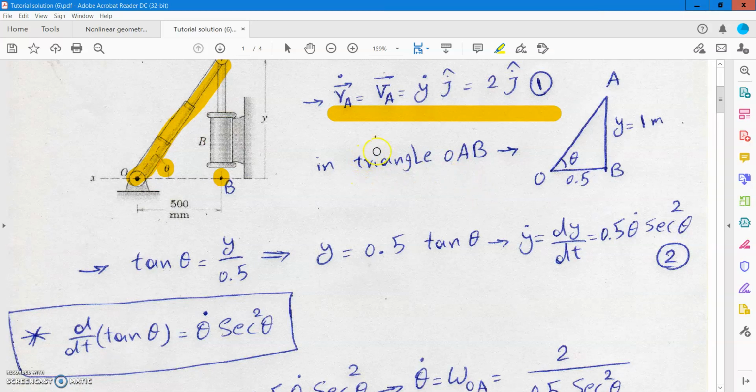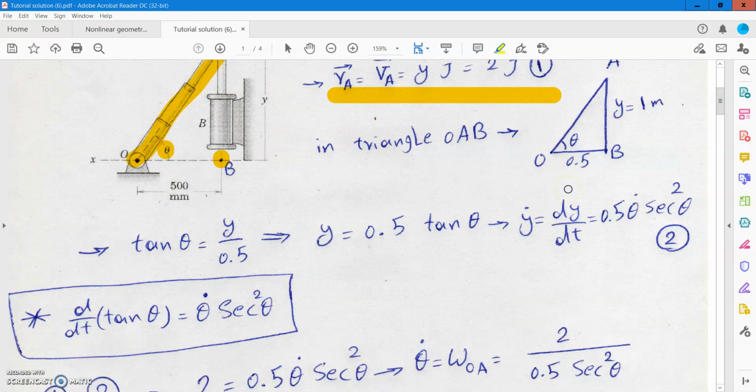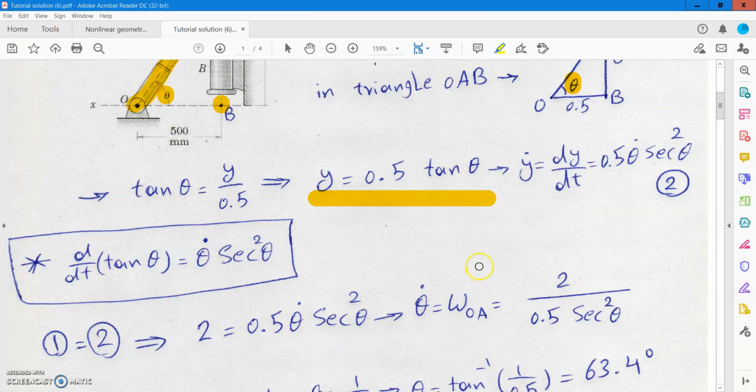Now you can look at the triangle OAB. In this triangle, length AB is equal to 1 meter at this instant. OB is 0.5 and it's a constant value. And OA we don't need, but we can write the relation for this angle theta. So tangent theta is equal to y divided by half, and from here y is equal to half times tangent theta.